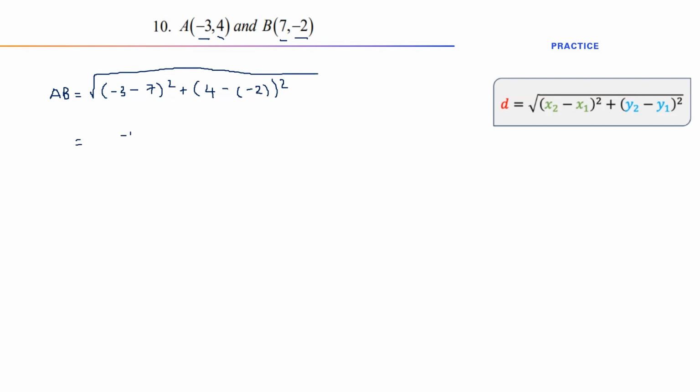That will be (-10) squared plus 6 squared, 100 plus 36 under the square root.